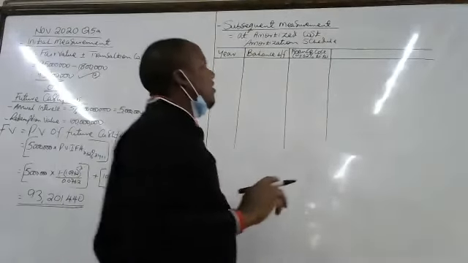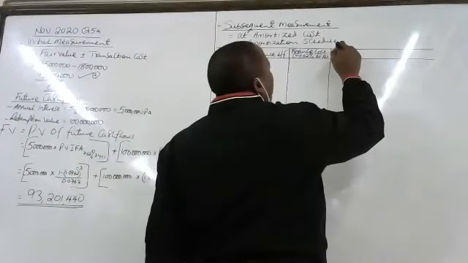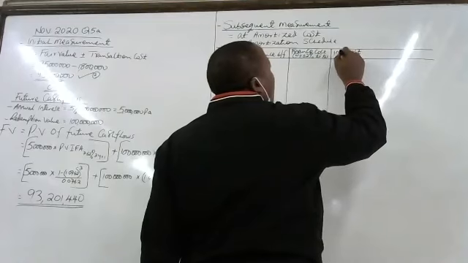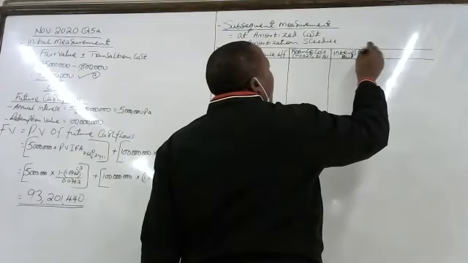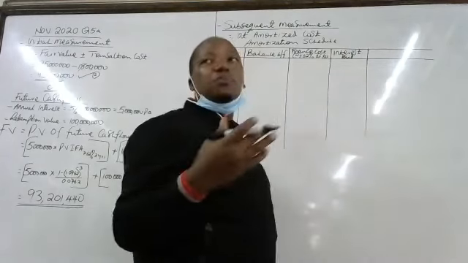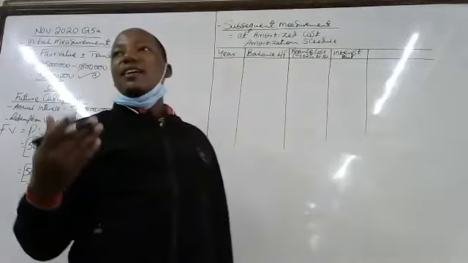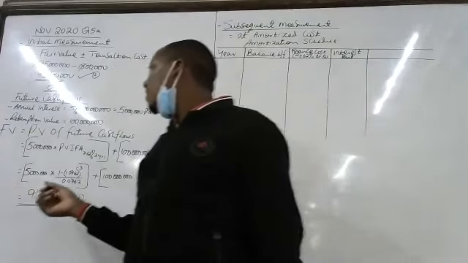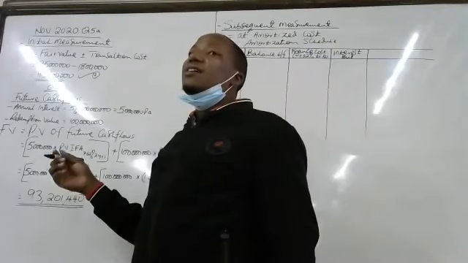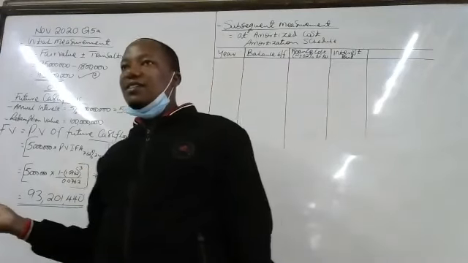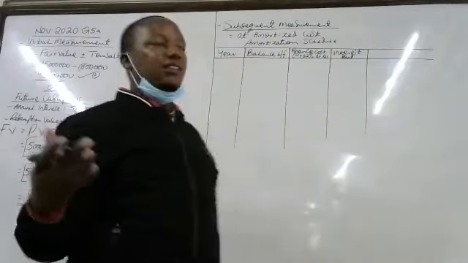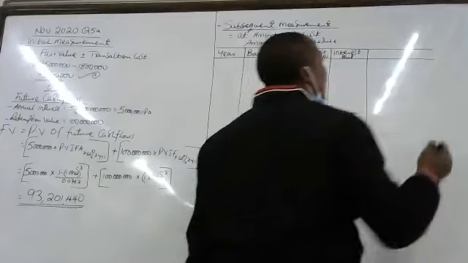Then there is interest payment. Every year they are paying 5 million interest. You can see we are given that the interest was being paid at the end of the year, so when discounting, you use the ordinary annuity instead of the annuity due, because there are cases where interest is paid at the start.